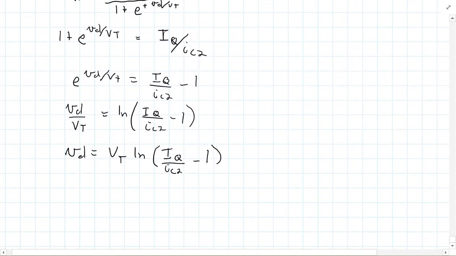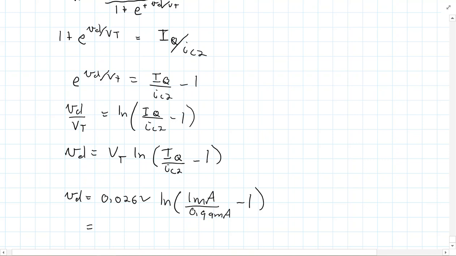Now if we do this computation here, VD is equal to 0.026 volts times the natural log of 1 milliamp divided by 0.99 milliamps minus 1. And keeping track of negatives and everything, I wind up with negative 119.5 millivolts is what I would be setting VD at.